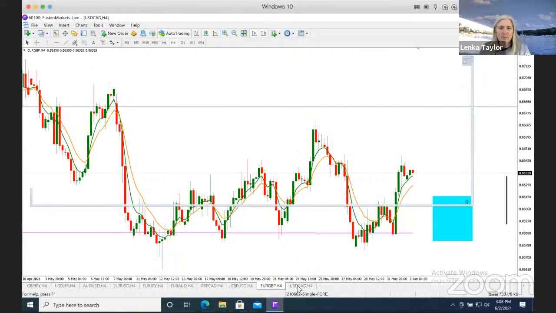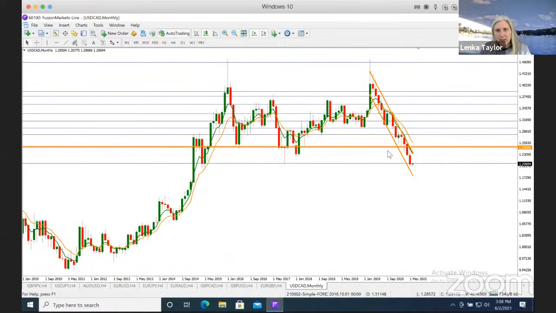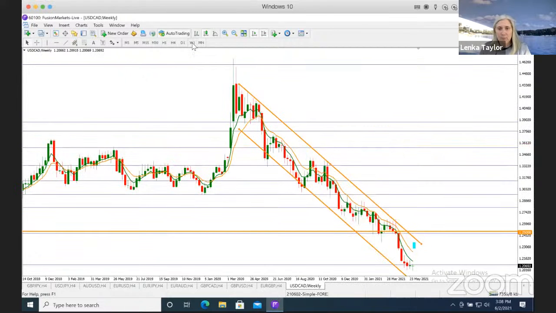And the last currency pair I'm going to have a look at is USD/CAD. USD/CAD, I'm looking for a short. It's gone past that 1.25 price horizontal level. So looking for a pullback back up to the top of the channel there, and then a reversal.